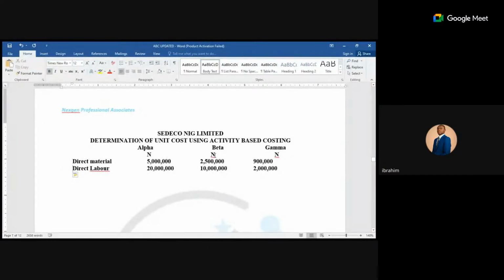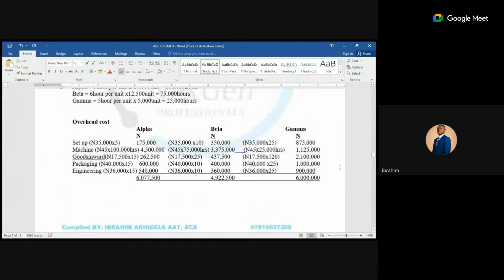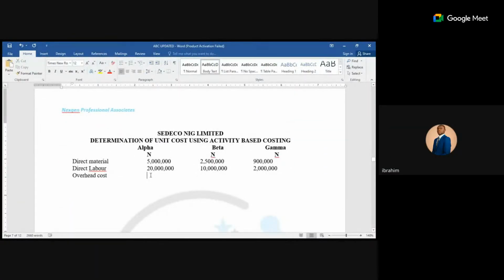So the direct material and the direct labor will remain the same. The only difference is just the overhead cost. Then we'll now bring the overhead cost that we calculated using the activity-based costing, which is this. I can just copy this.